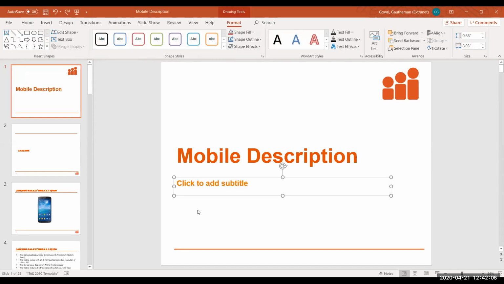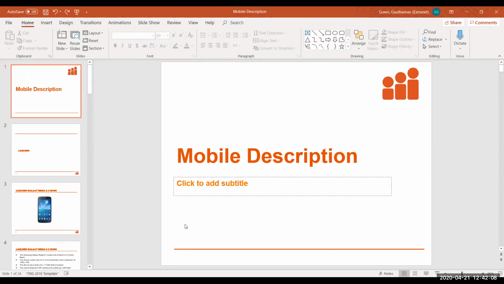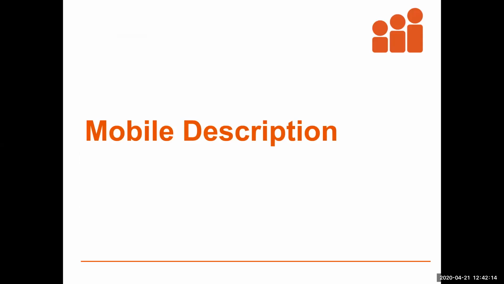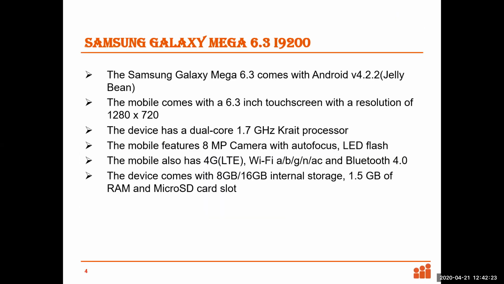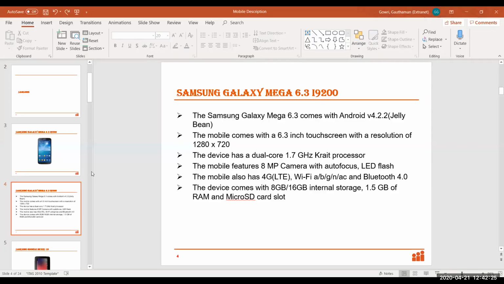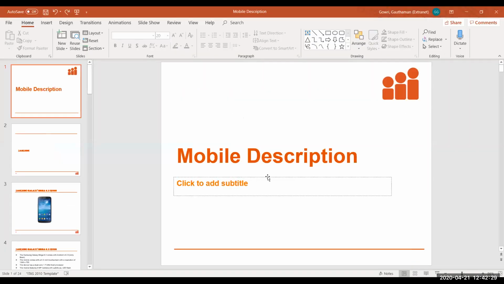Even if they are there, not to worry, because when I run the presentation in slideshow mode, you don't see those placeholders. But if you don't want a particular placeholder to be visible, you can just select it and delete it.